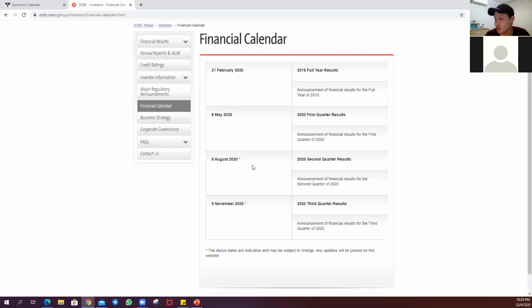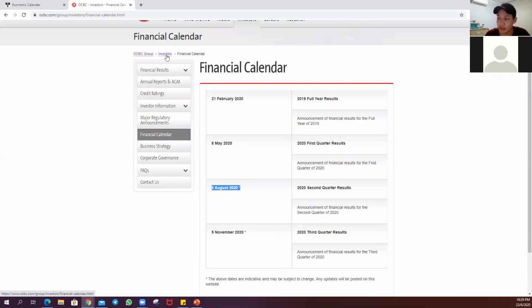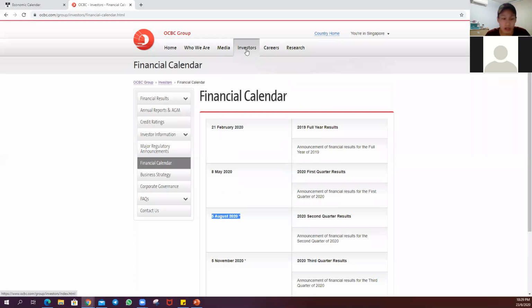Then they will show you the second quarter, which is on the 5th of August. This is how we can identify it, and this is all under the Investor Relations tab on their website. As an investor myself, I normally keep track of these dates because I want to stay relevant with the current condition of the company.